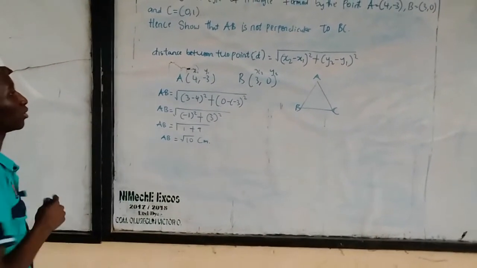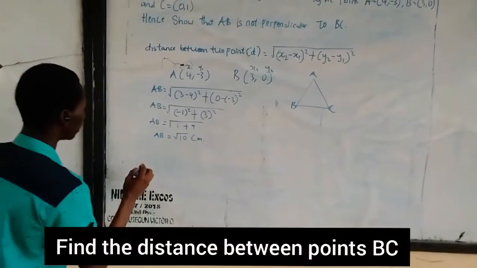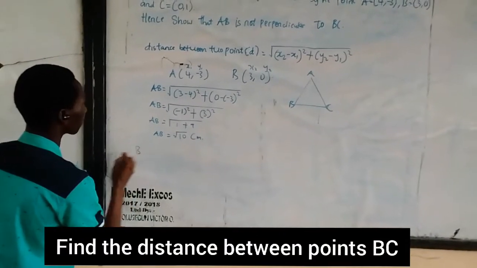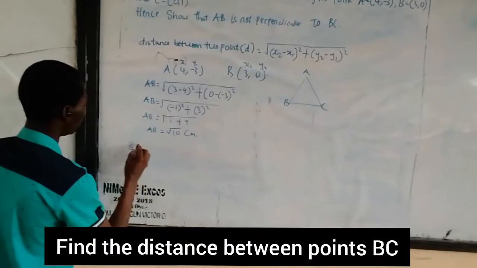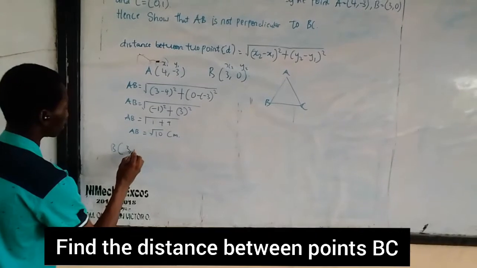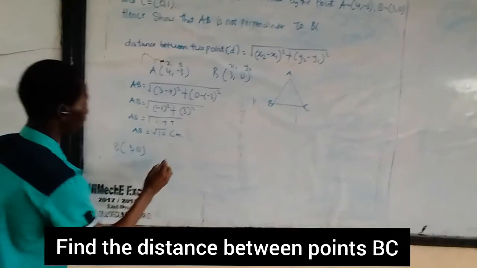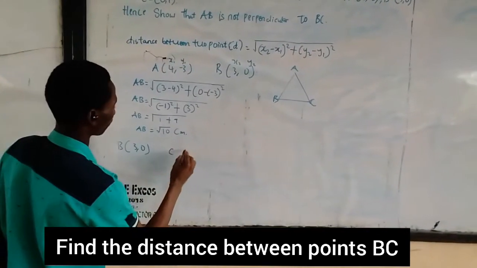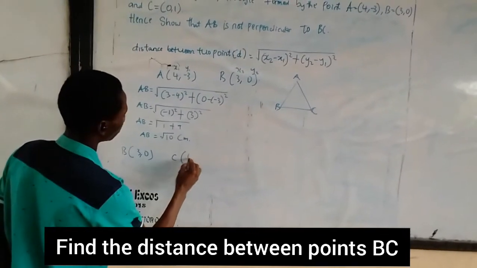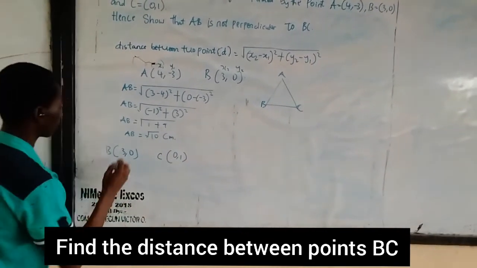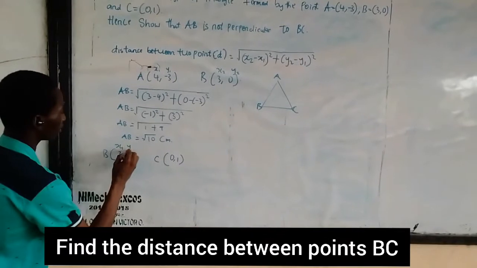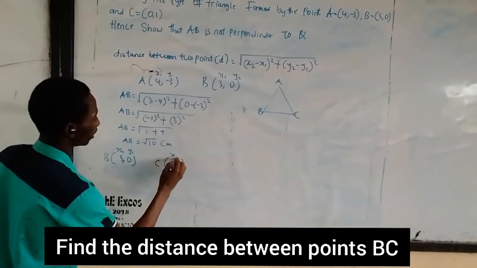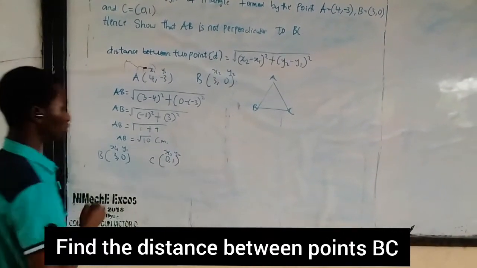The next distance we are going to find is the distance of BC. Our B is 3, 0, while our C is 0, 1. This is our x1, y1, x2, and y2.